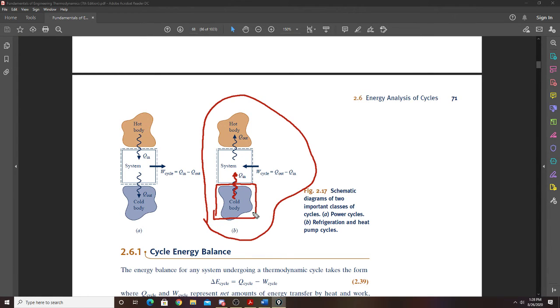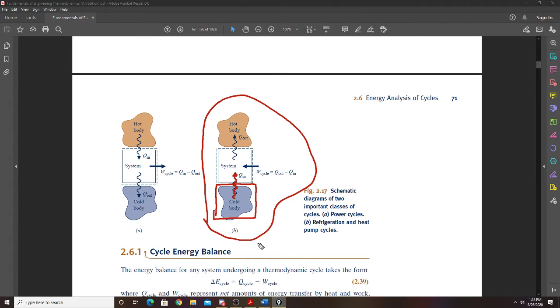So we're removing heat from the ice cream, or the freezer, so it stays cold. That's why it's Qin here. This is the confusing one, but Qin to the cycle is leaving the reservoir.